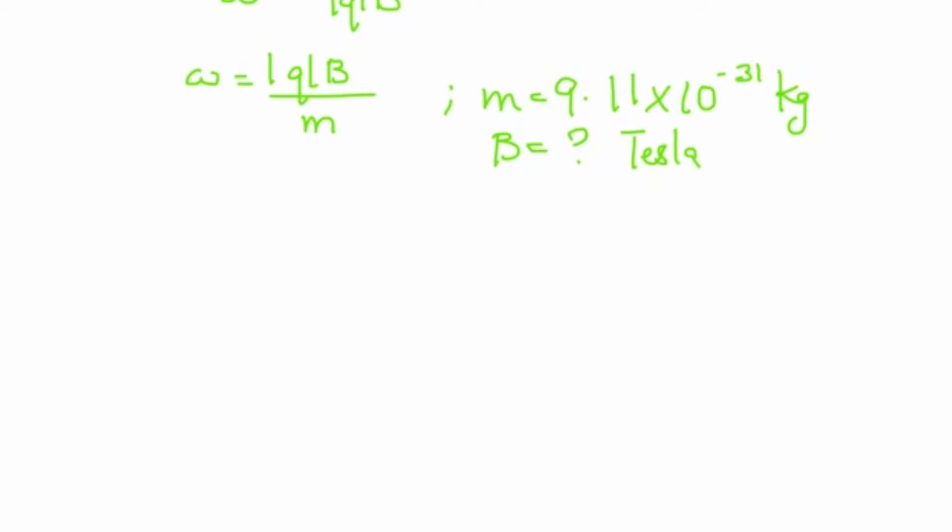The quantity of charge is in units of coulombs per electron, which is 1.6 times 10 to the negative 19 coulomb.